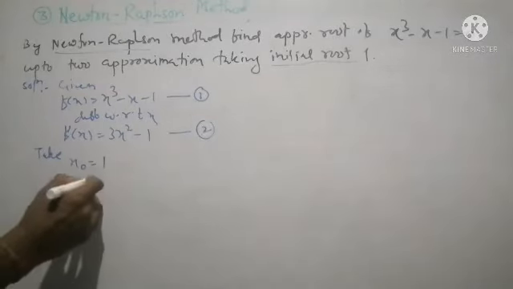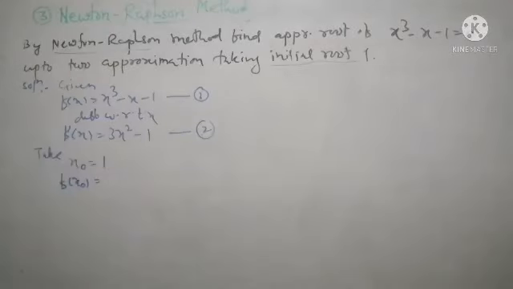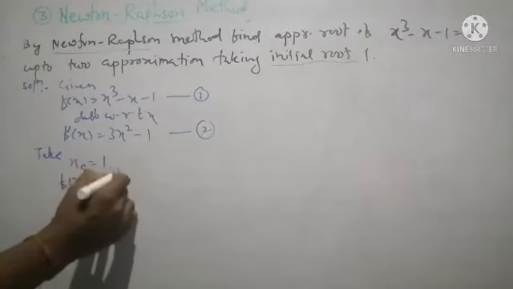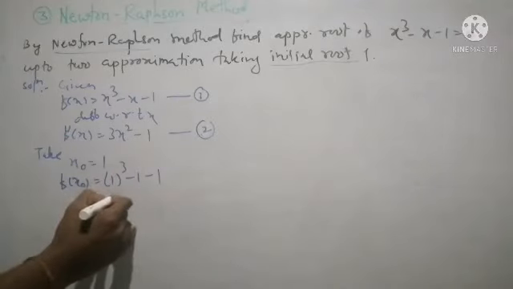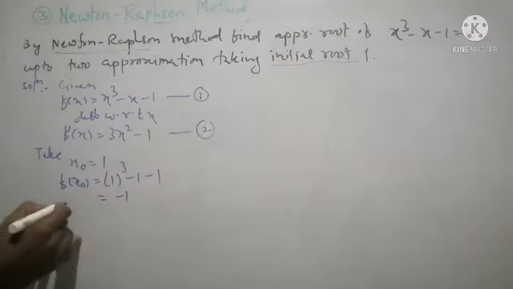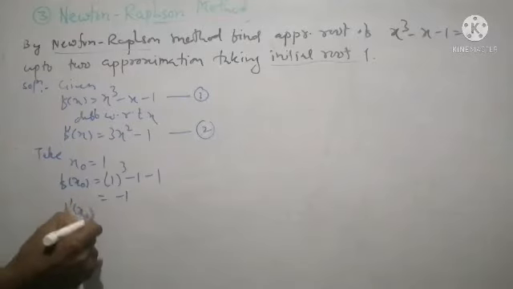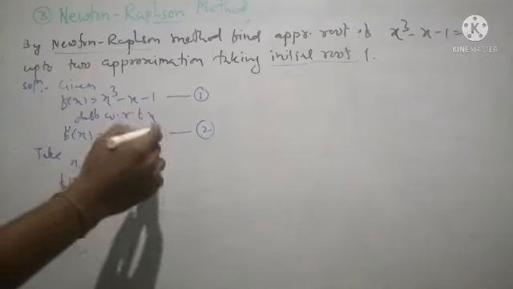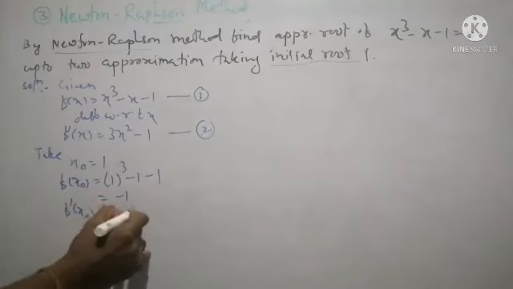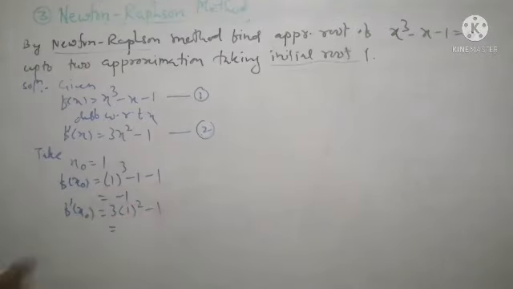For that we take x as 1 in equation 1. On the right hand side we get 1 cube minus 1, as 1 cube is 1, minus 1 is 0. So we get f of x naught as minus 1, and f dash x naught also. For that, take x as 1 in the right hand side of equation 2, that is 3 into 1 square minus 1, actually 3 times 1 square is 3, minus 1 is 2. So we have evaluated x naught and f of x naught.